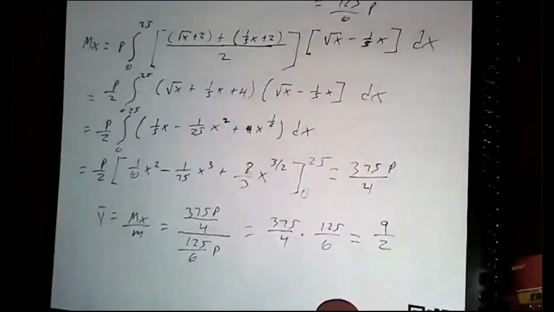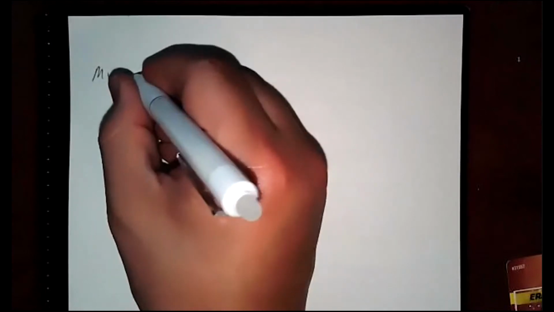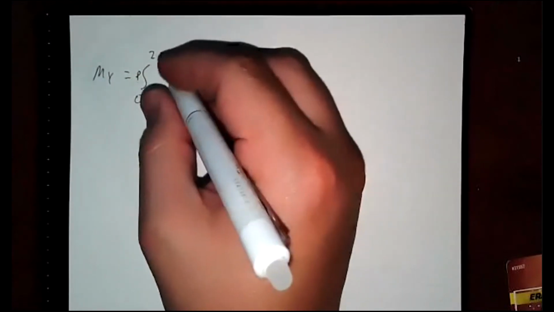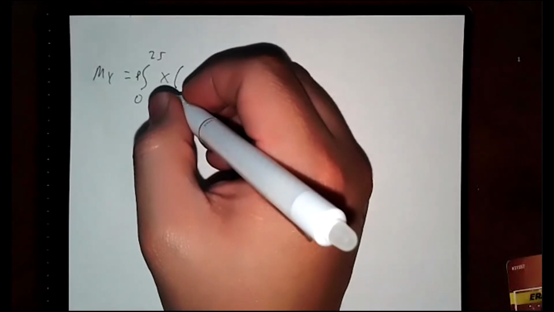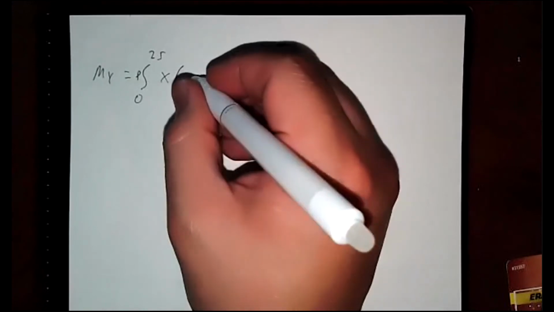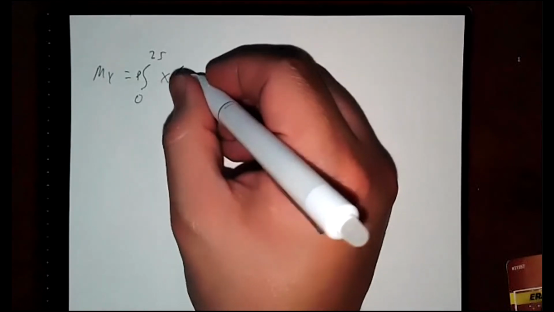So my, the formula says, is going to be the integral of times p, right? 0 to 25, same thing, of x times f minus g.